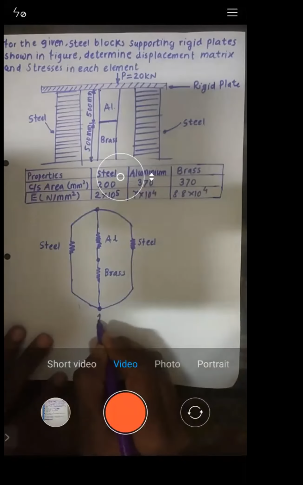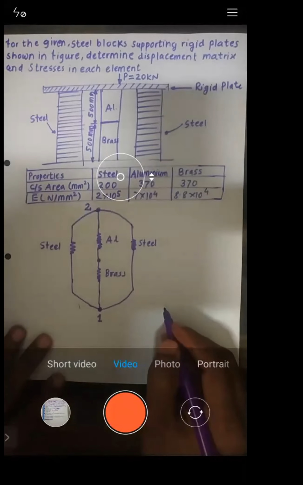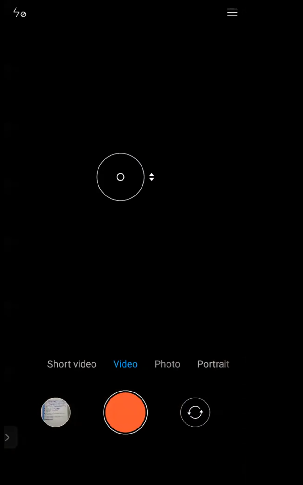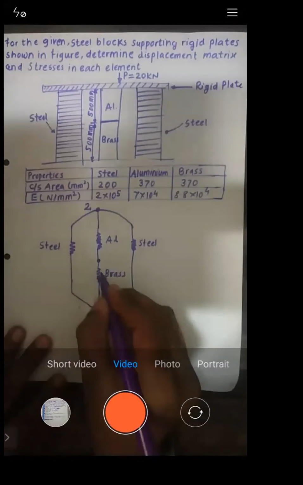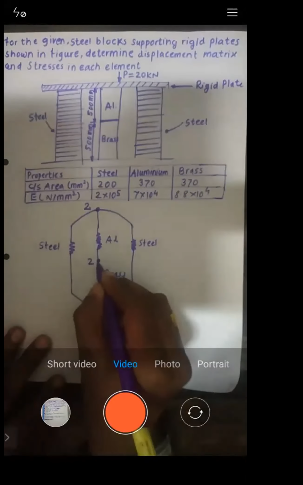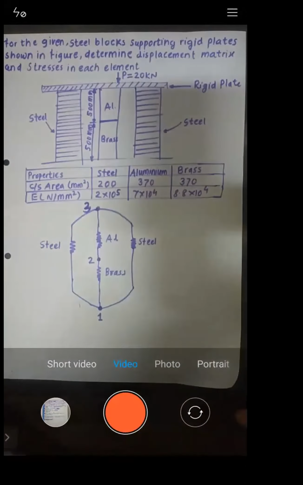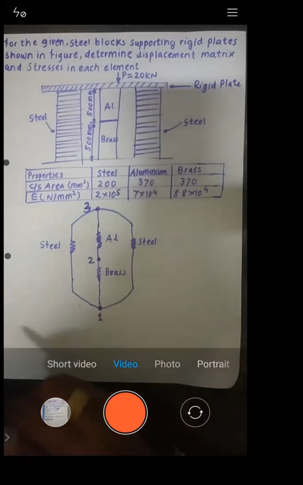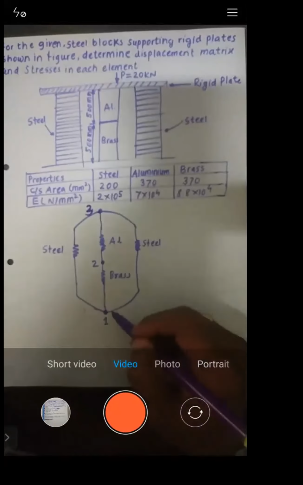So let me call this node number 1 and this node number 2. Is it okay? Let me go in sequence. This is node number 1 where these three elements are connected.